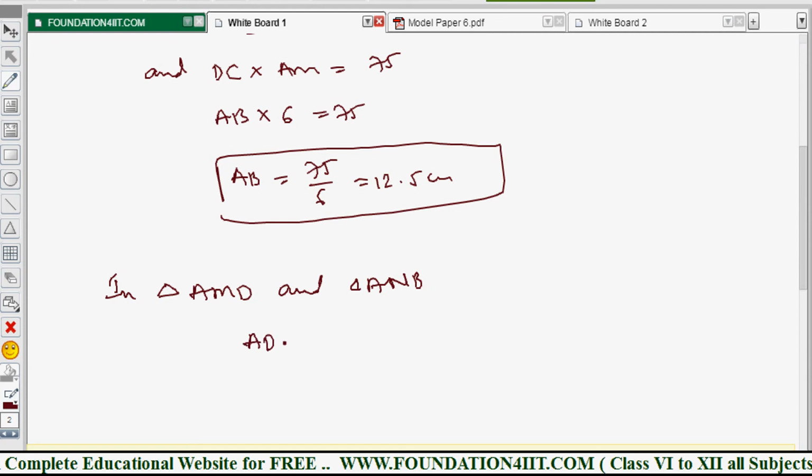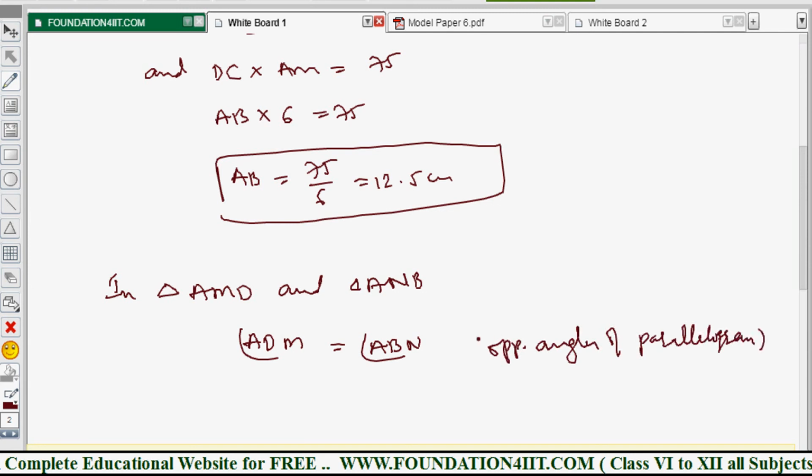That is, angle ADM equals angle ABN. These two angles are equal because opposite angles of a parallelogram are equal.